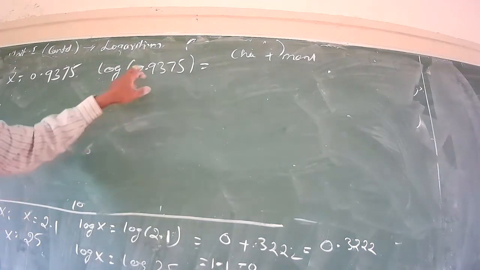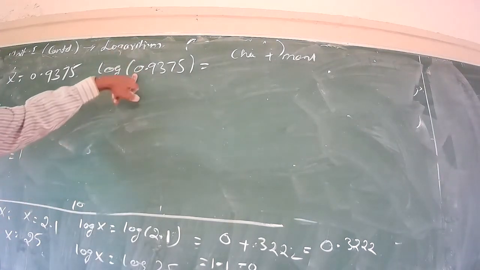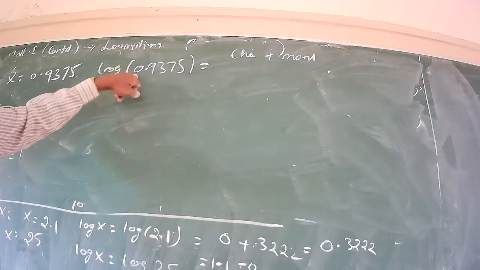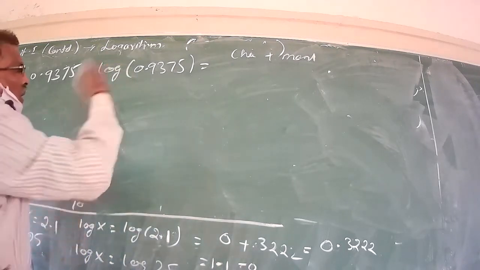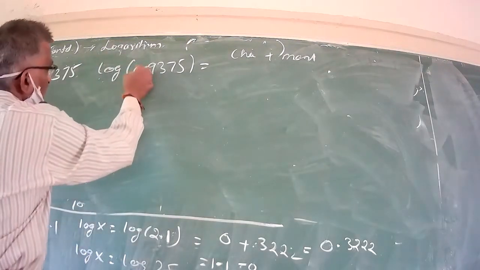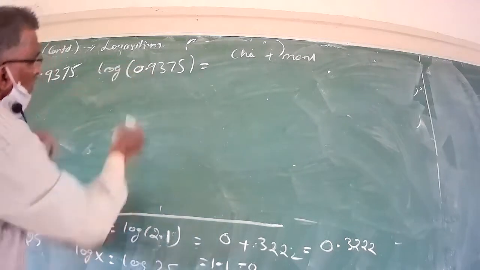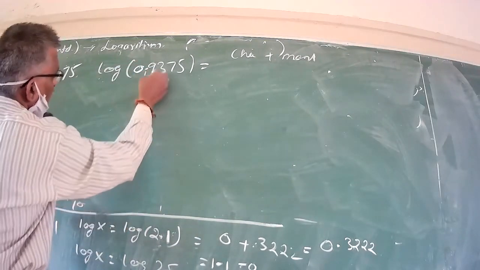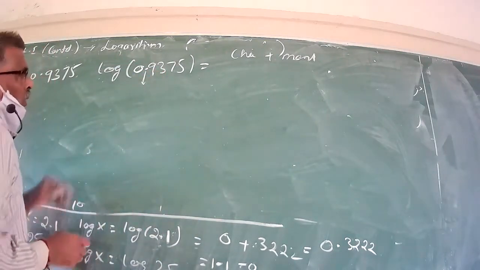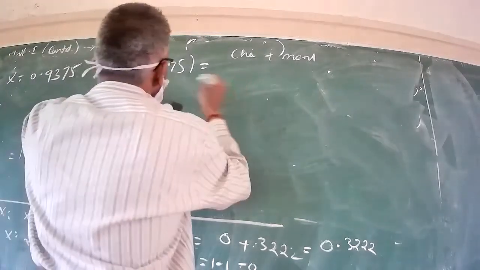Whenever the characteristic part is 0 or less, count the number of zeros between the decimal point and the first digit, and add 1.